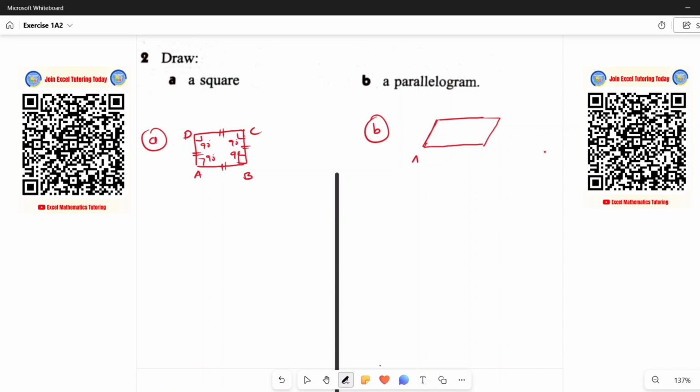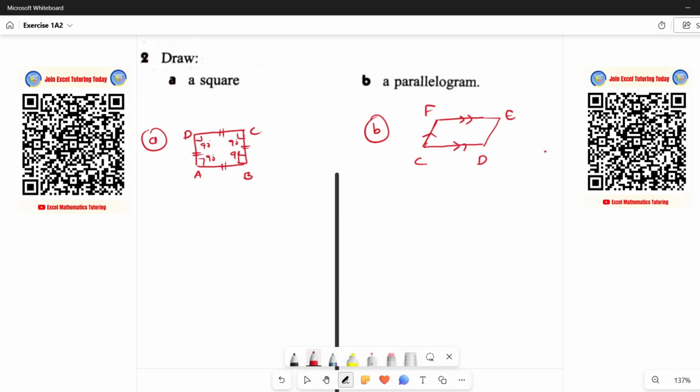I'm naming this parallelogram C, D, E, F. So C D E F is a parallelogram with opposite sides parallel.